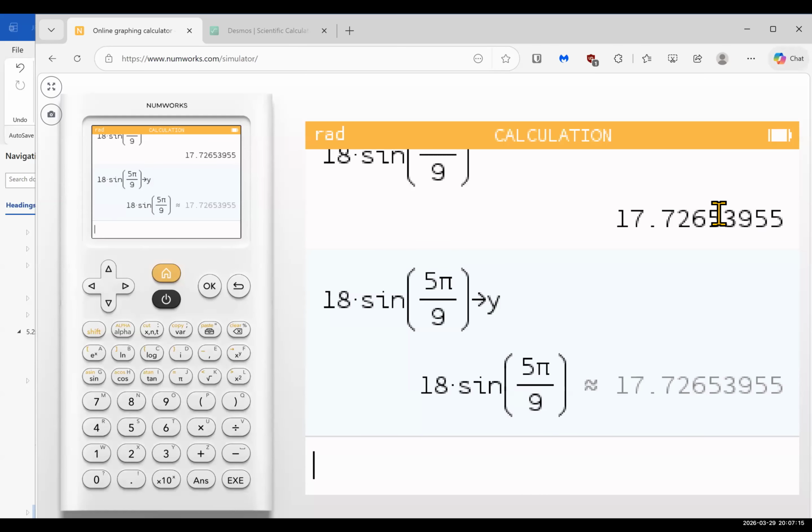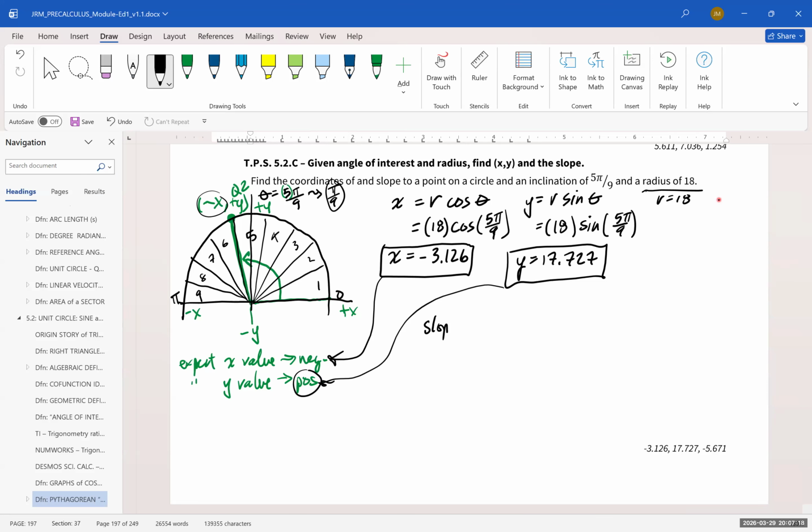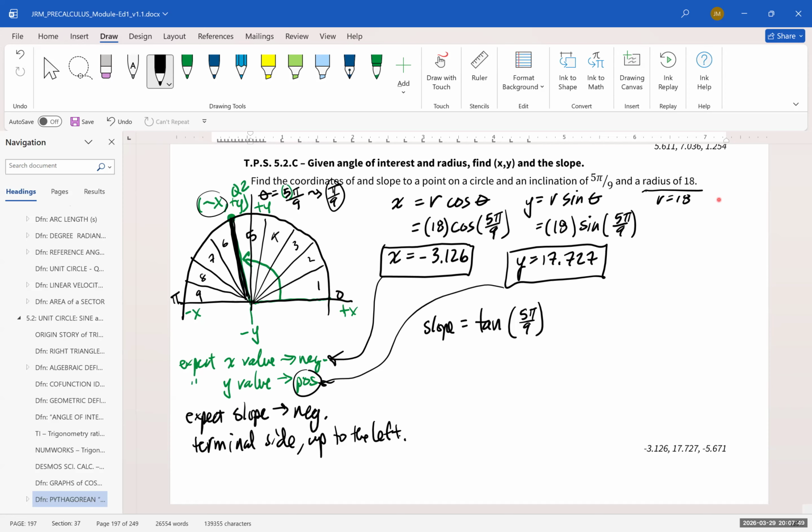And now we want to calculate the slope. So the slope is going to be equal to the tangent of that angle. Now we expect that the slope is going to be negative because the terminal side is going up and to the left. So that means it's going to have a negative slope.